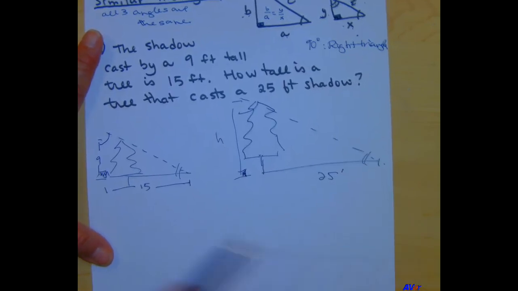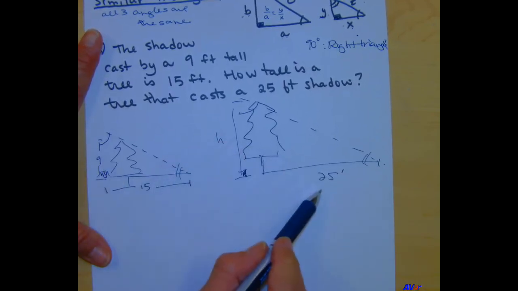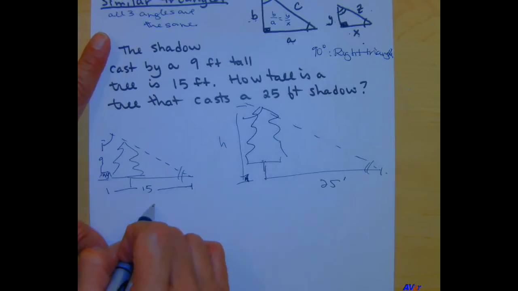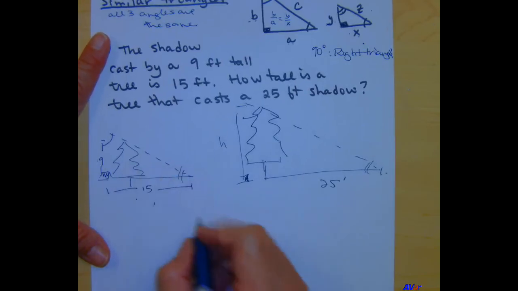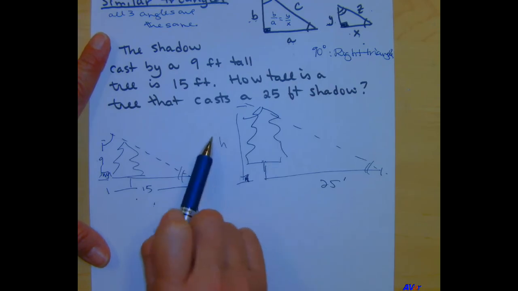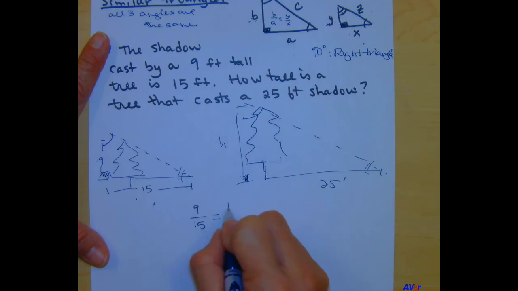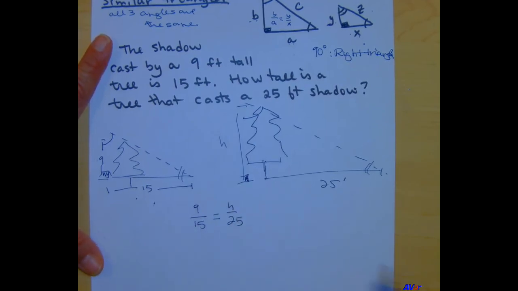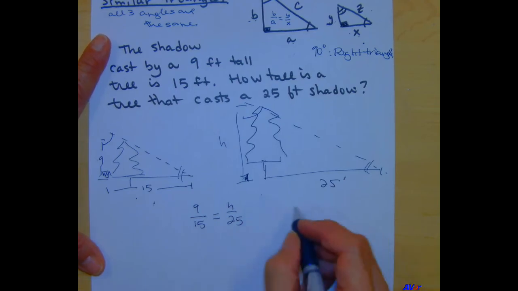I'm just going to do the corresponding sides. I'm going to go 9 to 15 equals h to 25. If you set yours up differently, don't worry, we're going to get the same. In fact, I'll leave myself some space and I'll show you a different way we could have done it.